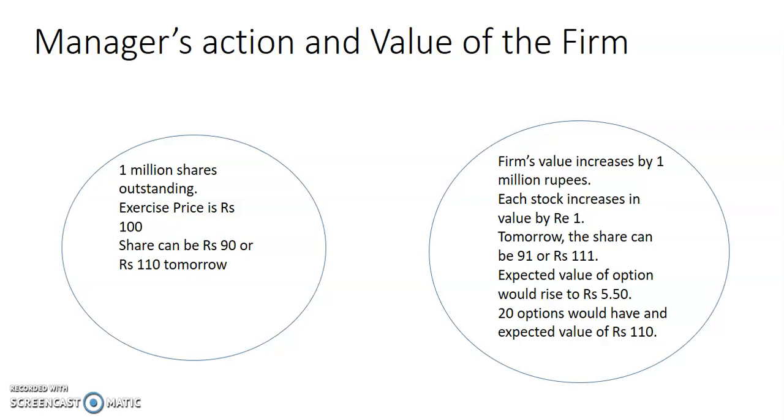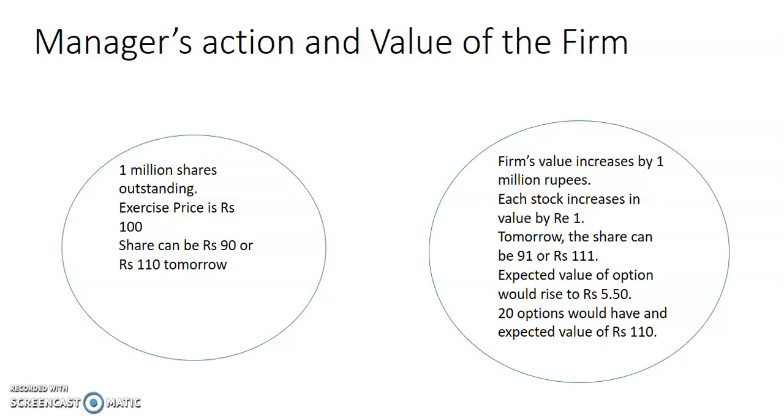In that case, every stock increases in value by rupee 1. Now, under such a situation, if an ESOP has been given with an exercise price of rupees 100, then tomorrow the share can be 91 with a 50% probability, or rupees 111 with another 50% probability.